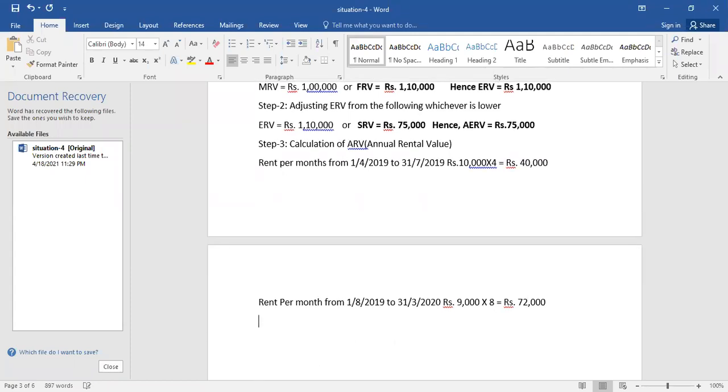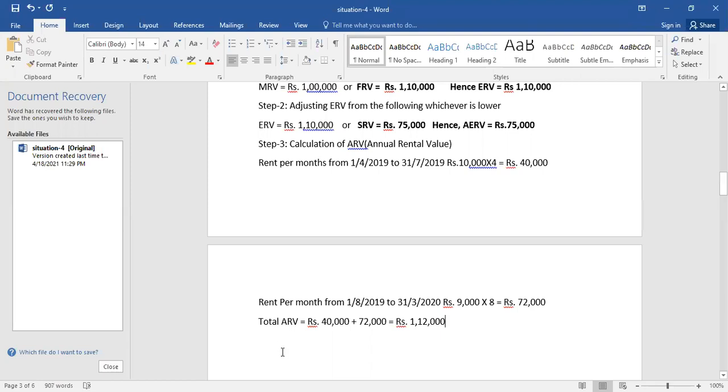So the total ARV, annual rental value, is equal to rupees 40,000 plus 72,000, which is equal to rupees 1,12,000. This is the ARV, annual rental value. Am I right? Yes, sir.